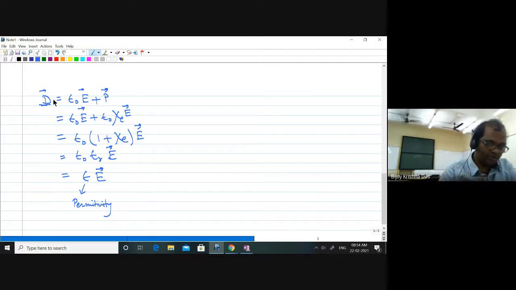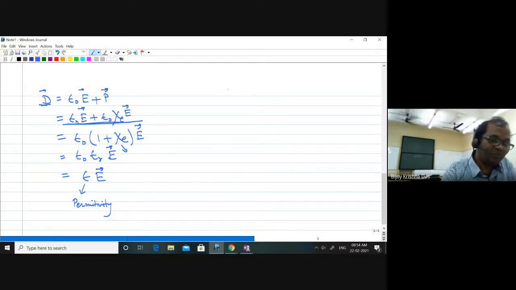Okay, so this is your permittivity, and here we are saying that this can be a tensor. Sometimes this material property may not be as linear as we are expressing here. Whenever you are increasing the electric field strength, the equation may not be like this.